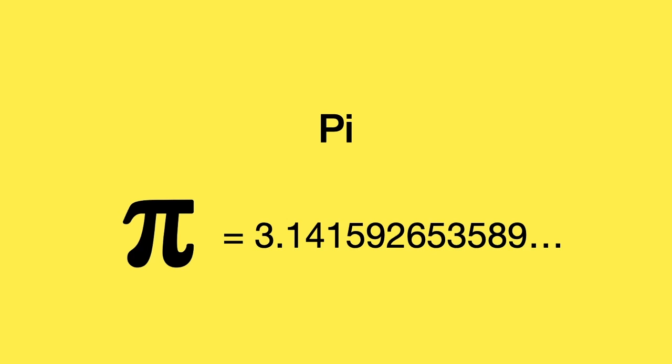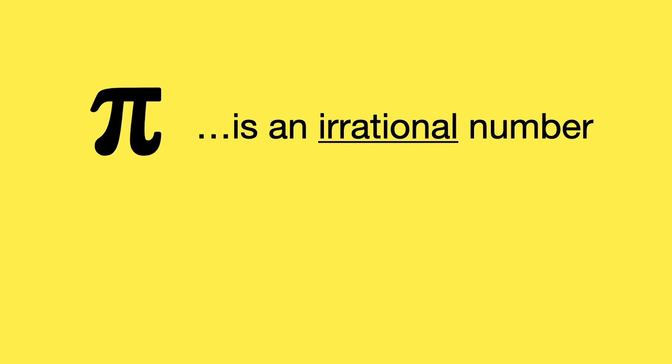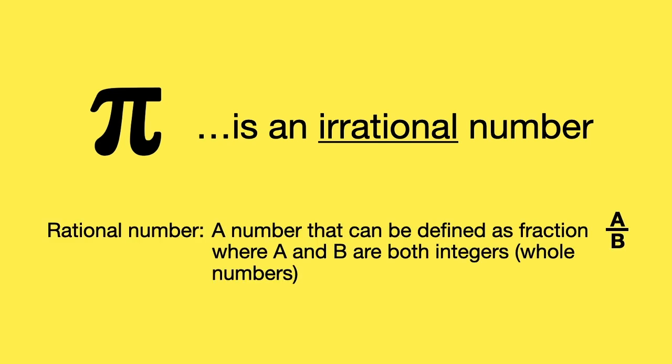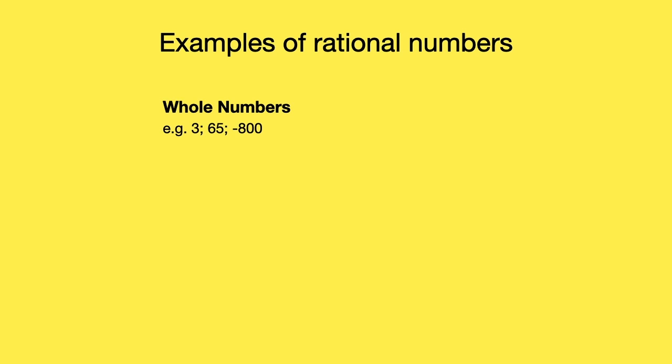Now, the fact that it does go on infinitely and doesn't settle into any patterns is part and parcel of what makes it an irrational number. I'm not going to go into too much detail on rational and irrational numbers in this presentation, but essentially a rational number is a number that can be defined as fraction a over b, where a and b are both integers or whole numbers. Just a few examples of rational numbers are whole numbers.